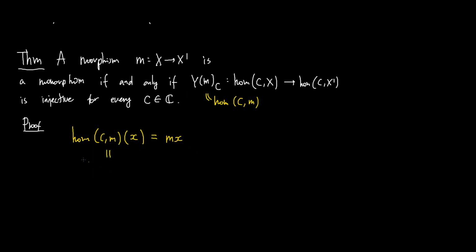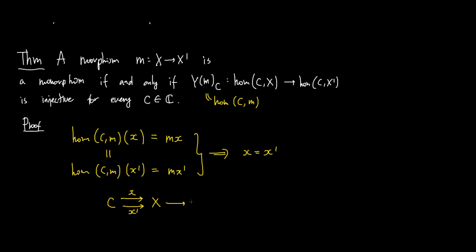Injectivity says that if the value of the function at one element is equal to its value at another element, in other words, if mx is equal to mx prime, then those elements must be equal. That's exactly the definition of a monomorphism. That's exactly how we define a monomorphism, right? So I've got my x and x prime. And the definition of a monomorphism stated that if mx equals mx prime, then x will equal x prime.